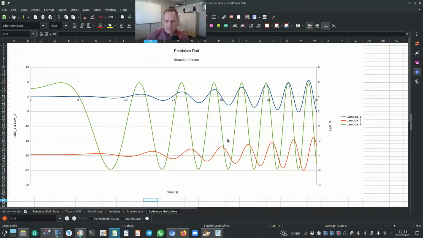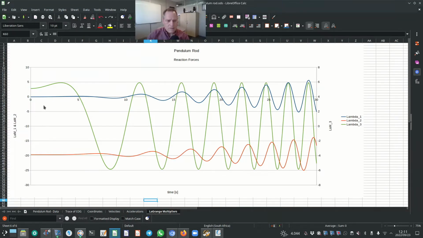You can see Lagrange multiplier 1, 2, and 3. 1 is in blue, and 2 is in red, and 3 is in green. Okay, and 3 is also indicated on the secondary y-axis. Lagrange multipliers 1 and 2 are labeled on the primary y-axis.